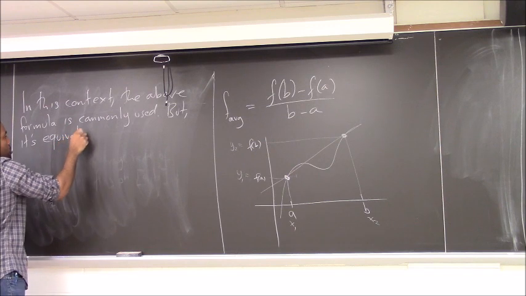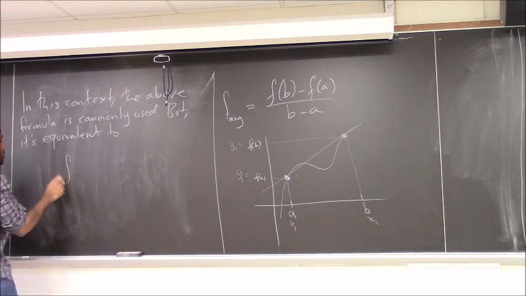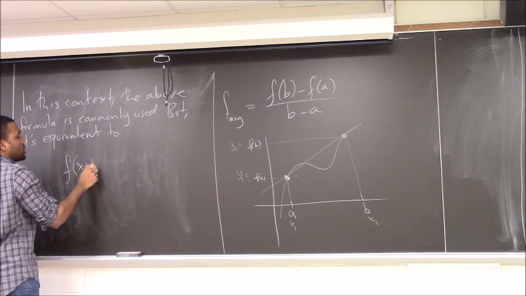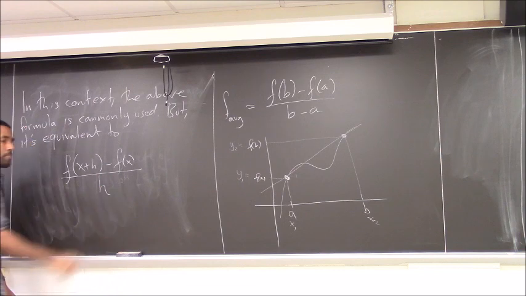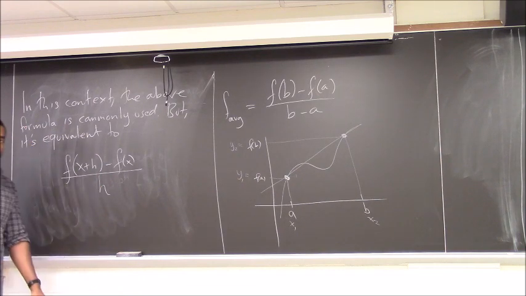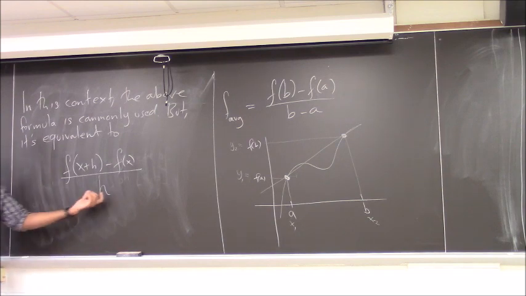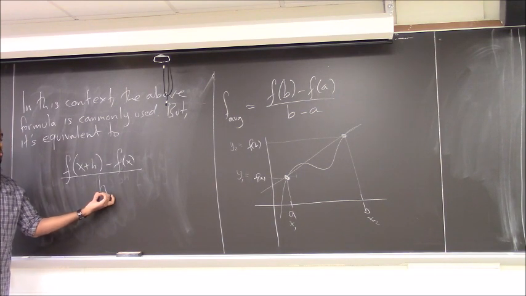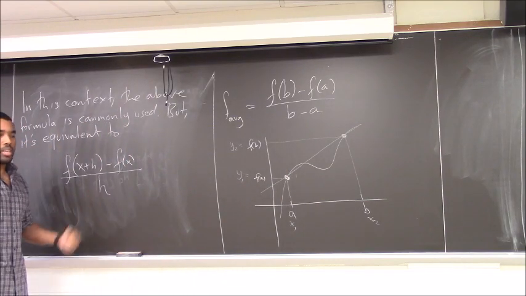The other form for a difference quotient, which is f of x plus h minus f of x all over h. And really this one, to get from that one to this one, it's really just a change of perspective. Here h is not concerned with particular x values, b and a. It's concerned with the distance between the x values.